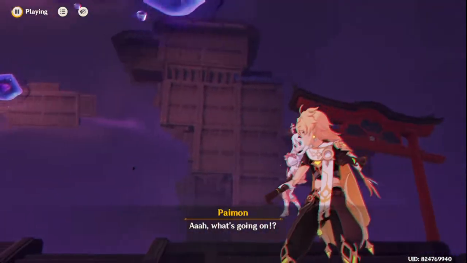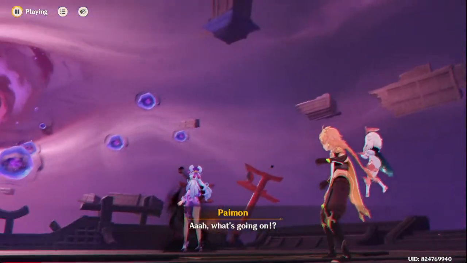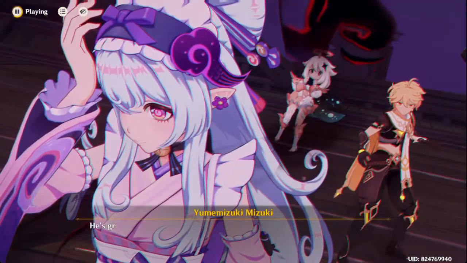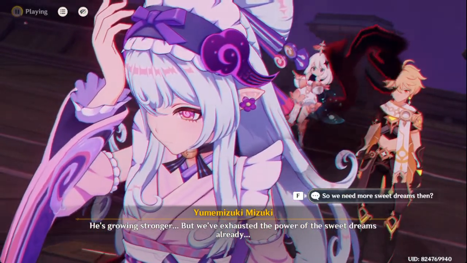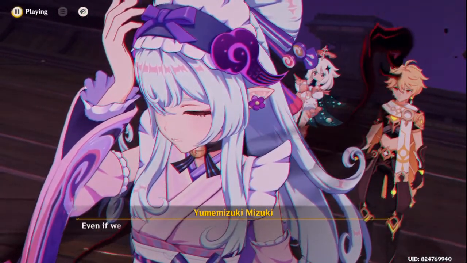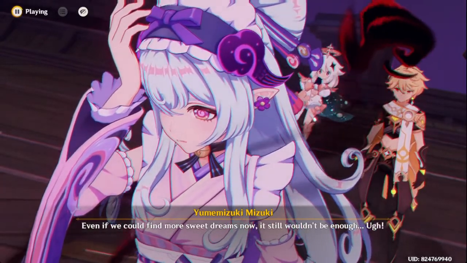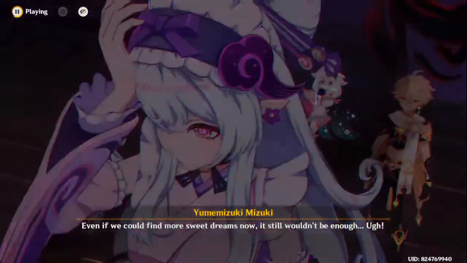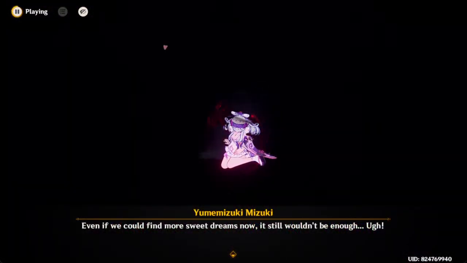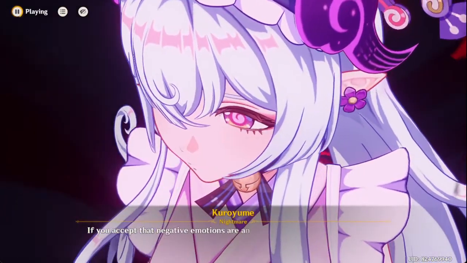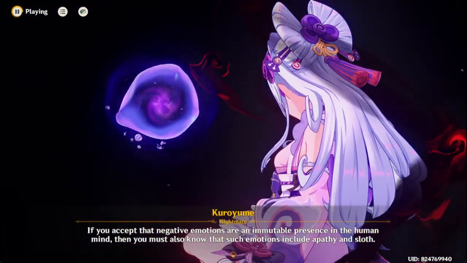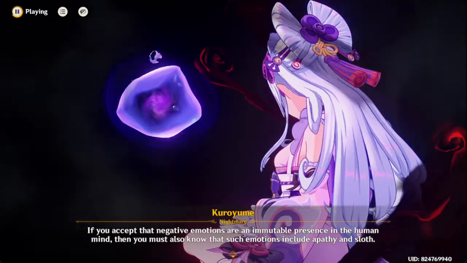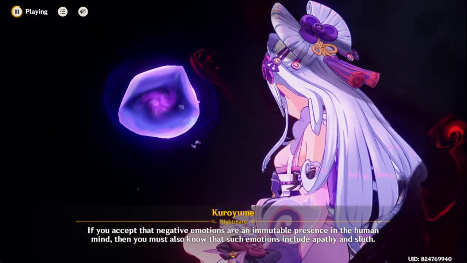What's going on? He's growing stronger, but we've exhausted the power of the sweet dreams already. Even if we could find more sweet dreams now, it still wouldn't be enough. If you accept that negative emotions are an immutable presence in the human mind, then you must also know that such emotions include apathy and sloth.